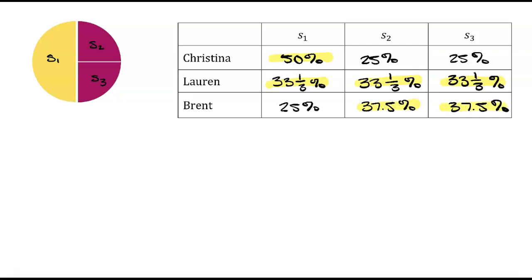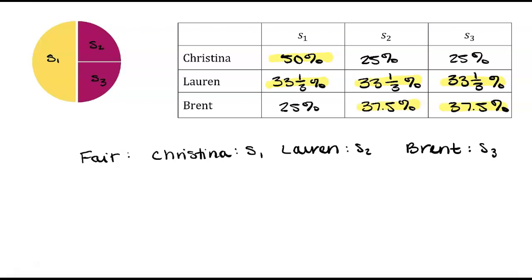This gives us two options for our fair division. We're definitely going to give Christina S1, but we could give Lauren and Brent S2 or S3. That is, with Christina having share 1, we could give Lauren S2 and Brent S3, and everybody would be happy. Or we could give Lauren S3 and Brent S2.